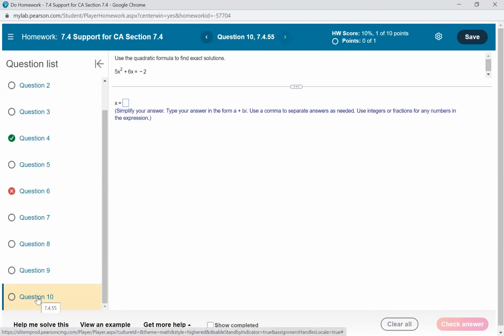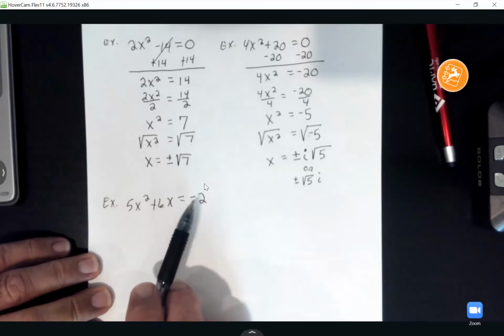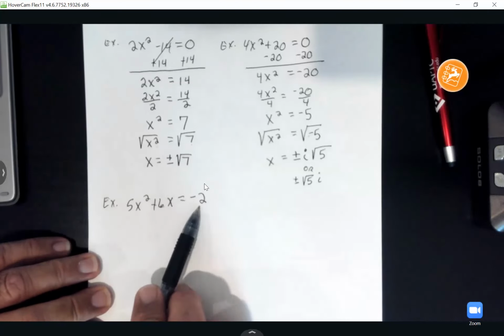Now, y'all, here's the trick on this one. I got 5x² plus 6x equals -2. And they want you to use the quadratic formula on that. So the trick on this one, that -2 is sitting where I need a 0.